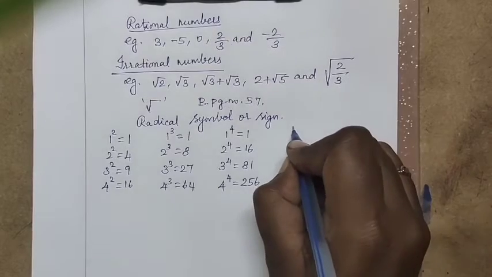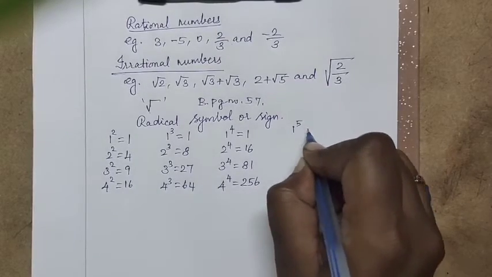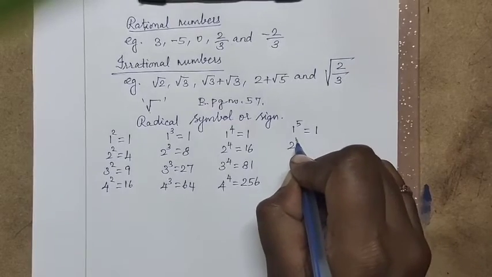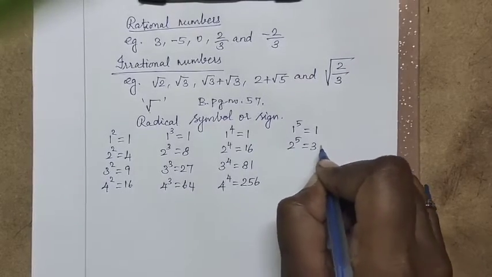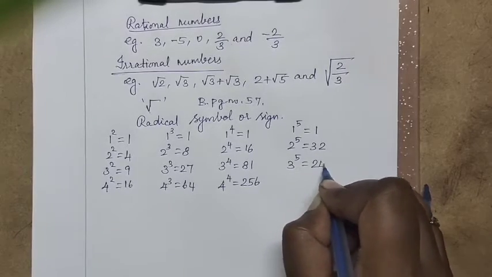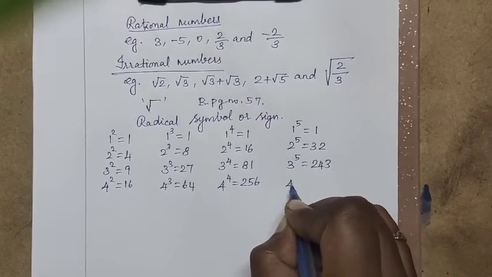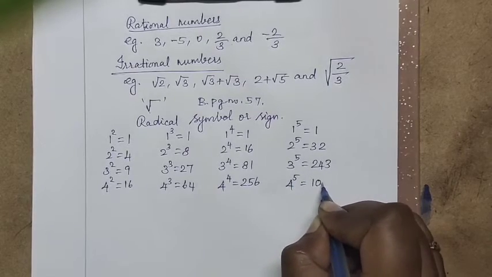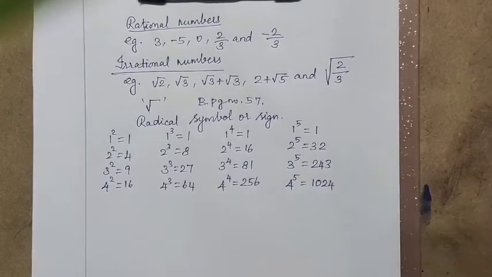256. Here 1 to the power 5 is equal to 1, 2 to the power 5 is equal to 32, 3 to the power 5 is equal to 243, 4 to the power 5 is equal to 1024.